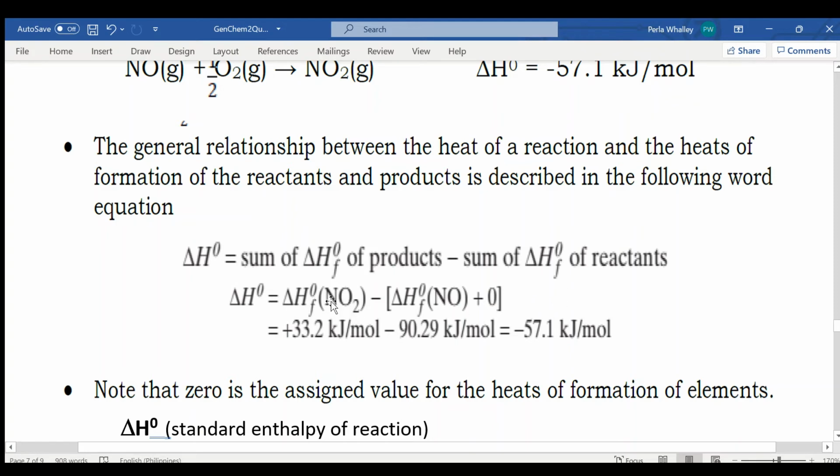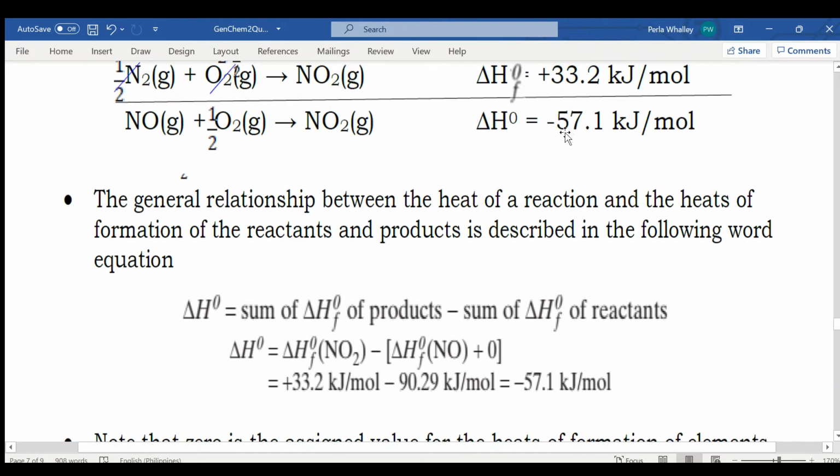So we just have to substitute the given data into the formula. The summation for the products is 33.2 kilojoules per mole minus that of the reactants, 90.29 kilojoules per mole, which is equal to minus 57.1 kilojoules per mole.